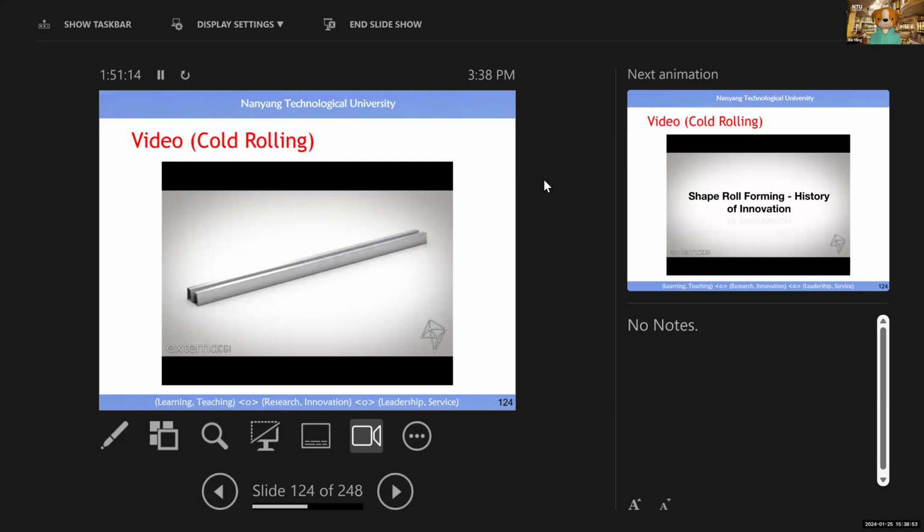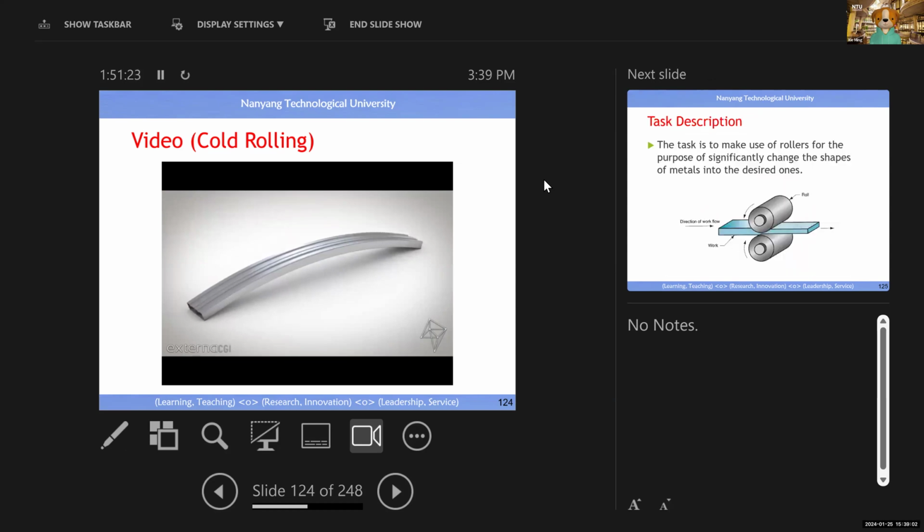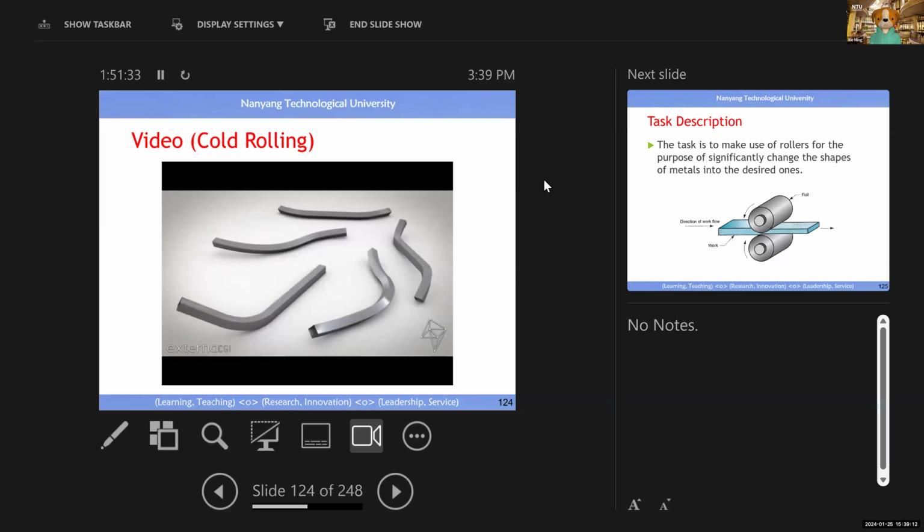Shape has been innovating in this field of rolling for over 40 years. Among many events, Shape has developed three distinct processes for MRC. First, in one direction, then in two, and now in three directions.